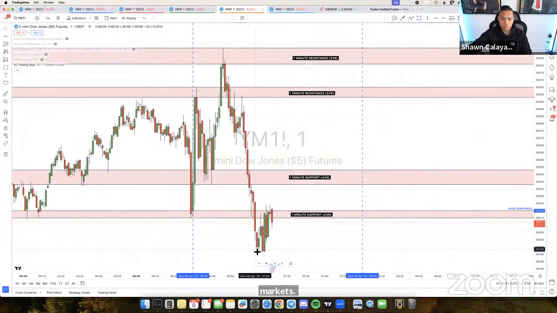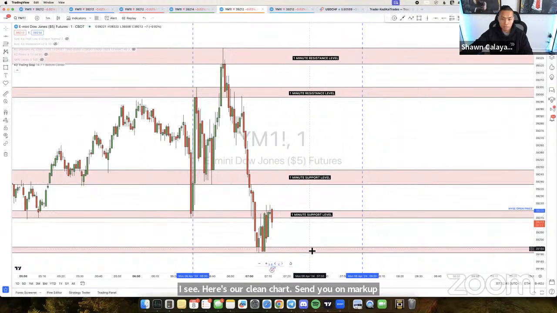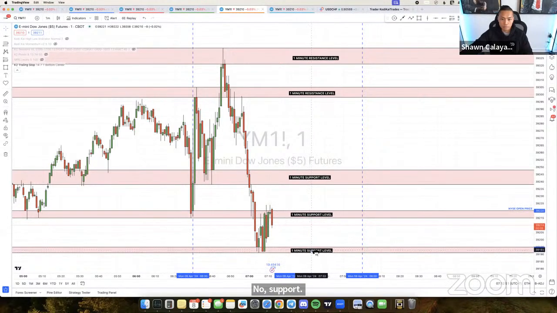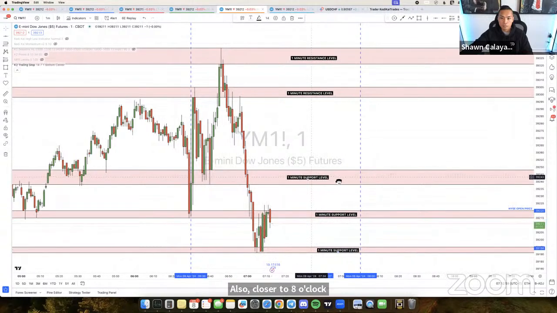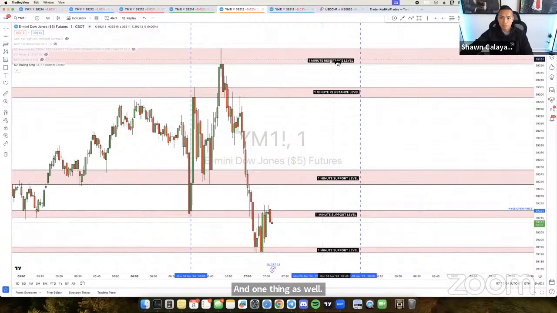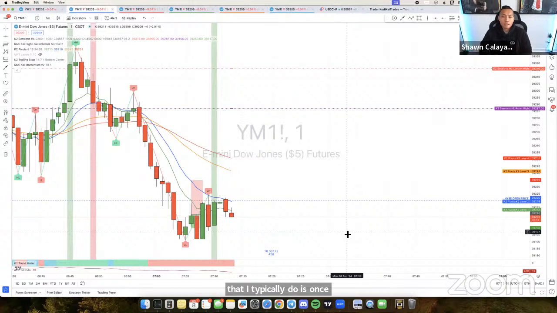All right, so here's our clean chart. I'm just gonna go and mark up another support. You guys can see the structure down there. Let's put it closer to 8 o'clock. And one thing, if you guys have been around for a while, you already know this, but once it gets closer to say 7:40, that's usually my cutoff time for entries because that's when the volatility gets really, really low.